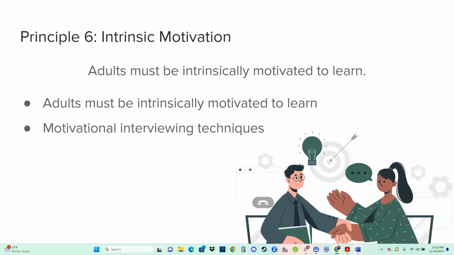But in order to intrinsically motivate, for us to have an impact on their internal motivating factors, we have to understand what motivates them. And so there's a thing called motivational interviewing, and you can use this in higher education when we're working with adult learners.